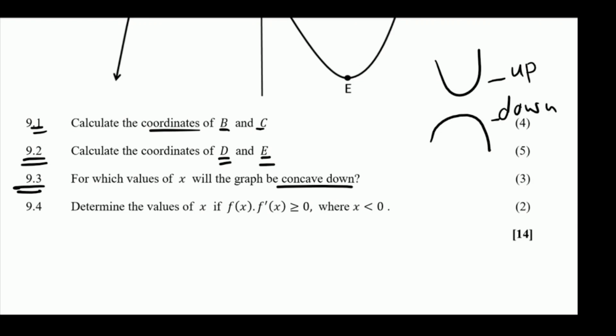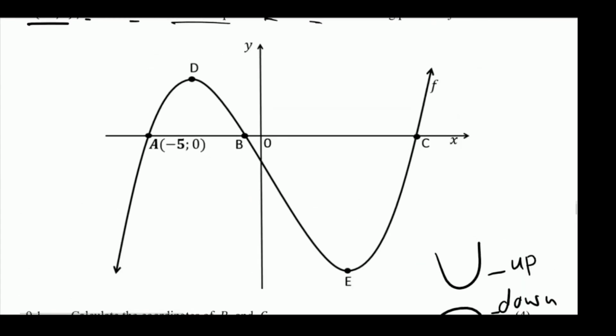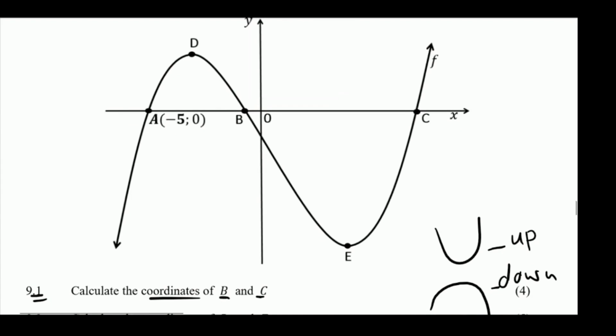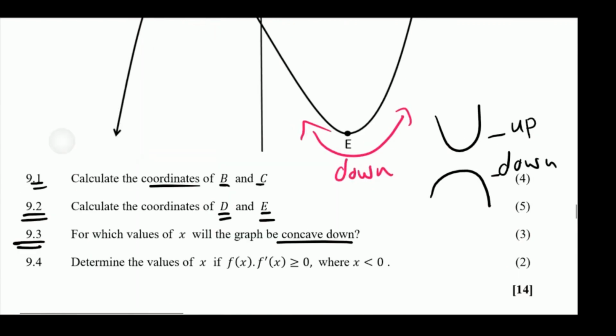So we need to note the value of x when the function does that. But we can tell from this graph which one is concave down and which one's concave up, right? So this is concave down, and this is concave up. So we want to note the value of x when the function is concave down.